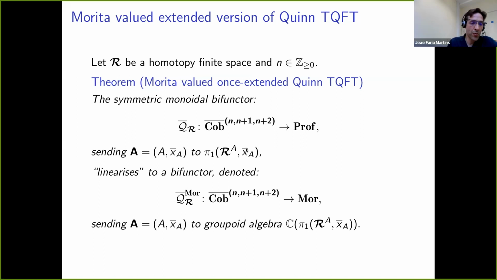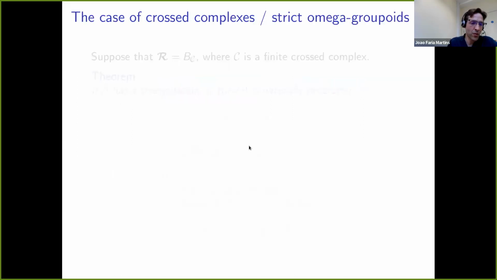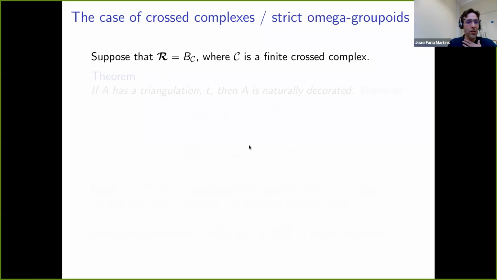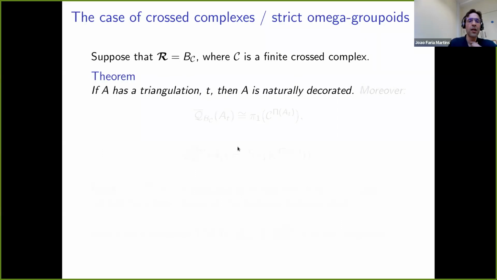Things become particularly simple in the case of strict omega groupoids, again, because of this Eilenberg-Zilber theorem for crossed complexes. And I'm going to be a bit quicker. So suppose now that this space of coefficients is the classifying space of a finite crossed complex, then anytime you give a triangulation of the manifold, this gives naturally a way to put base points in the function spaces.